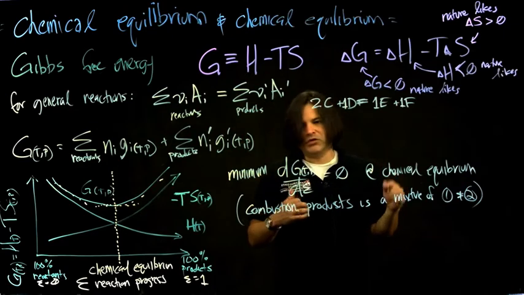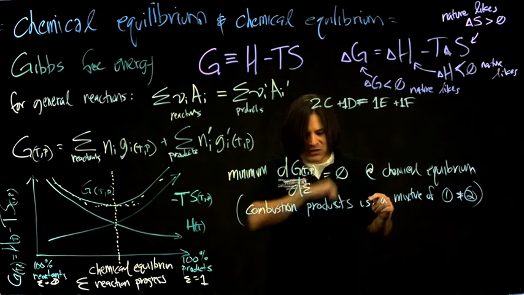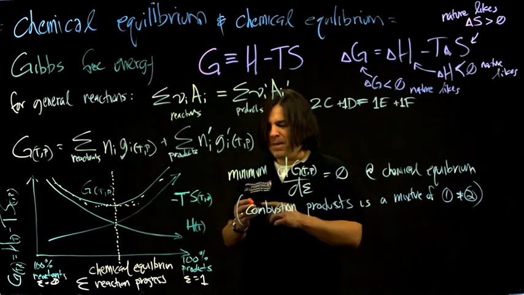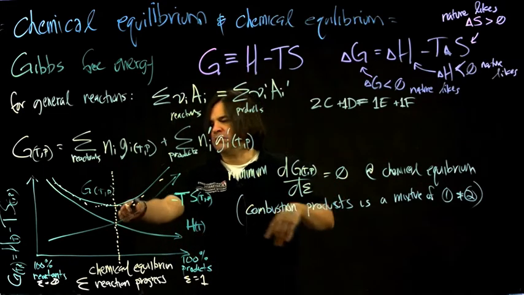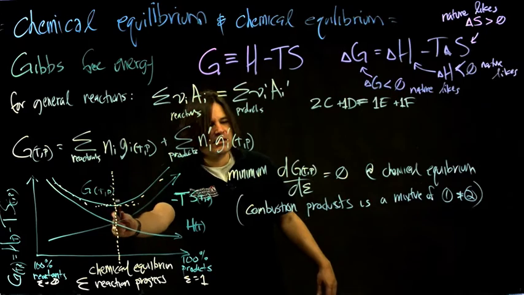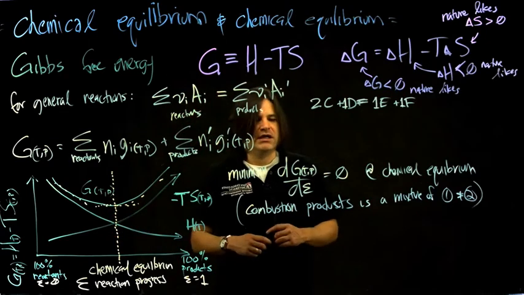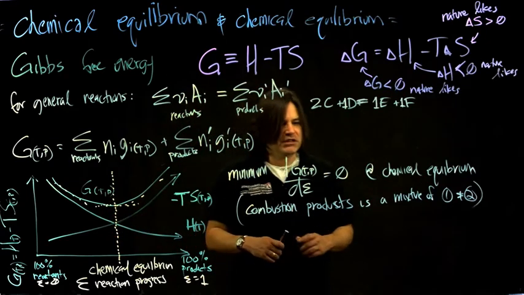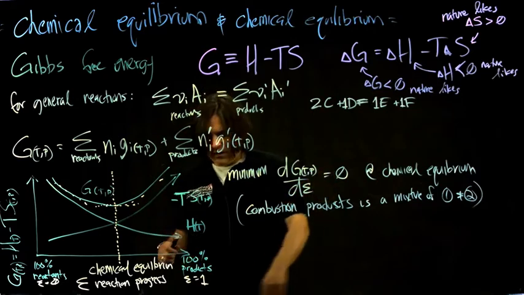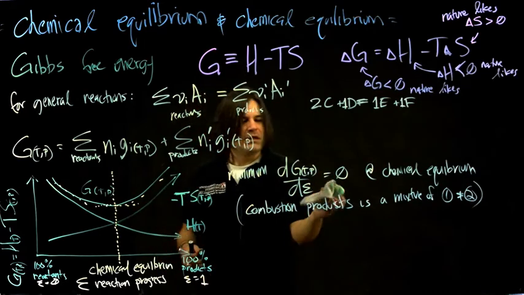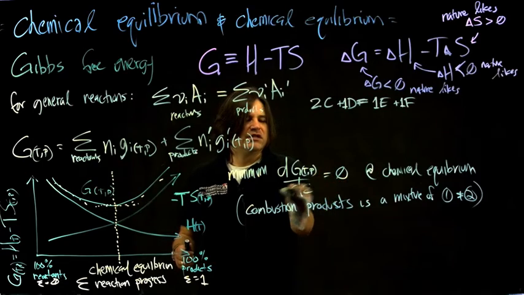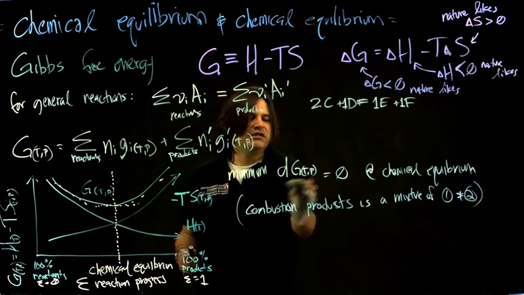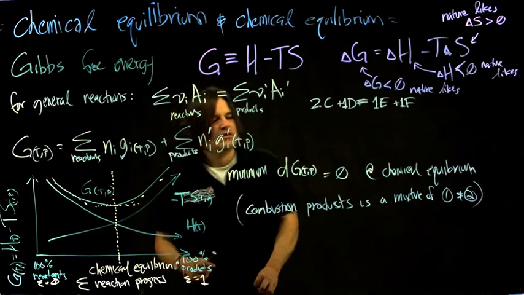Each of them contribute. So then we apply this definition that it's some minimum in this function. So we can also say that delta G, mathematically, we could just get rid of this reaction variable and just say that dG/dξ equals 0.